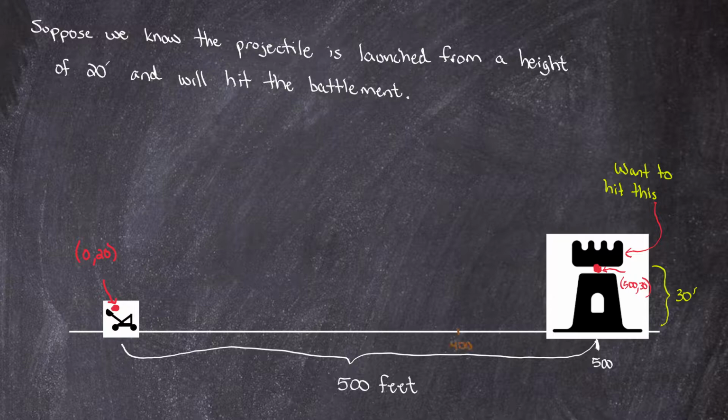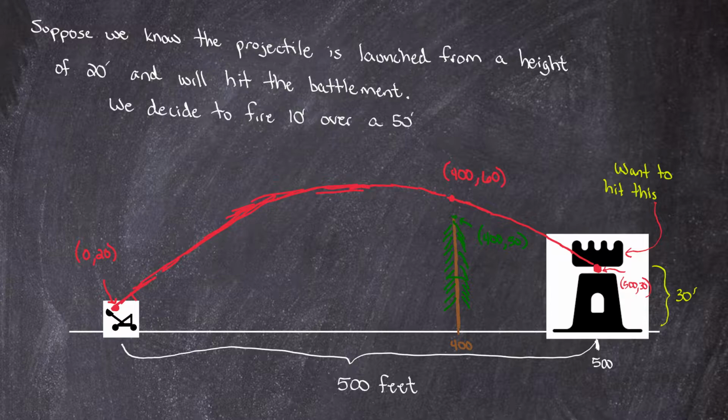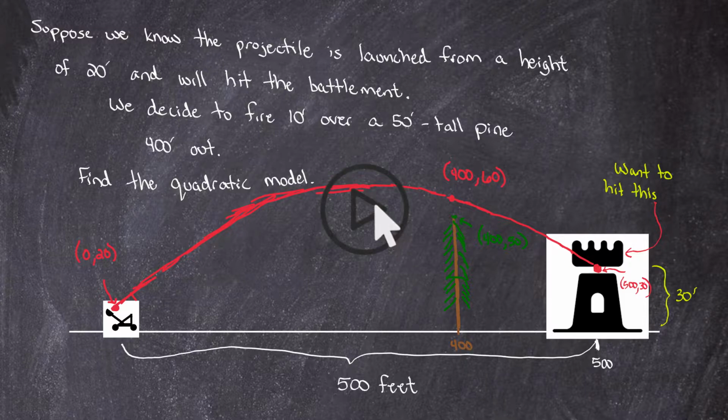Hence, we need our projectile to be at least 50 feet above the ground when it is 100 feet from the castle wall, which, by the way, is 400 feet from the catapult. You could get cautious and say that you want the projectile to clear 60 feet at that 400 mark. So let's go ahead and use that as our third and final point, (400, 60). Now, using this information, build a quadratic model. Go ahead and pause the video and build your model.